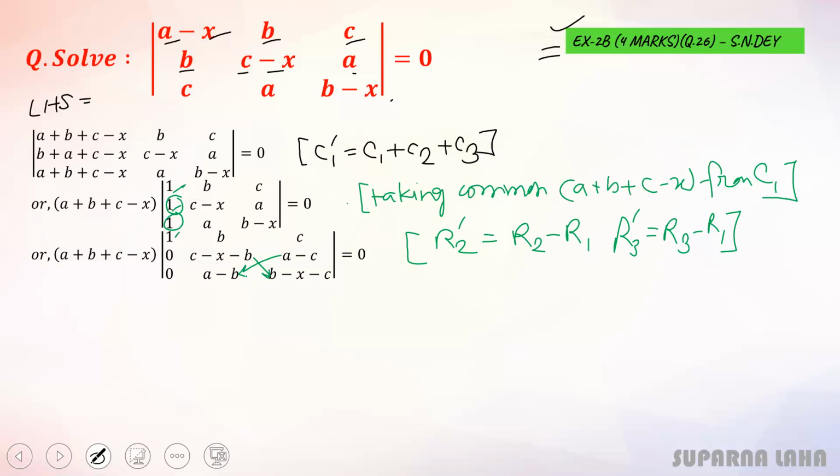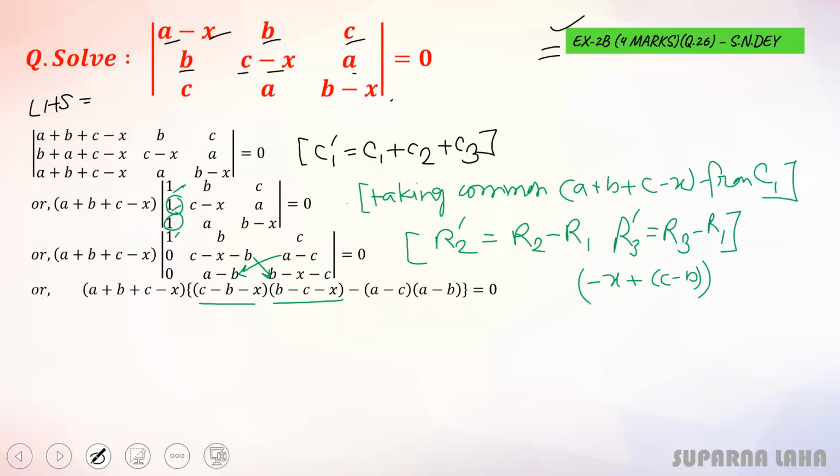So c minus b minus x, b minus c minus x, minus into minus a minus c into a minus b. Now look at these two factors.